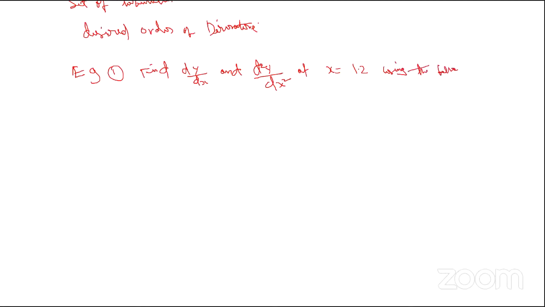Find dy by dx and d square y by dx square at x equal to 1.2, using the following data.